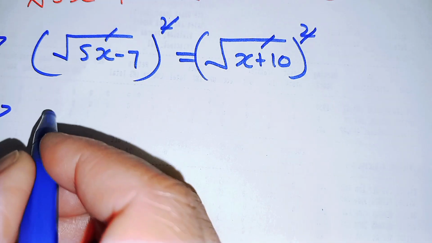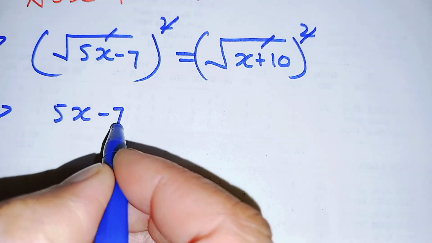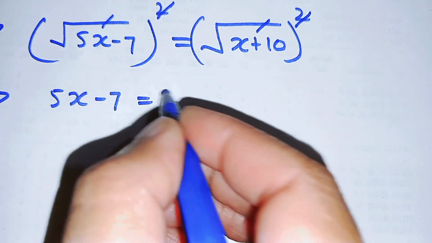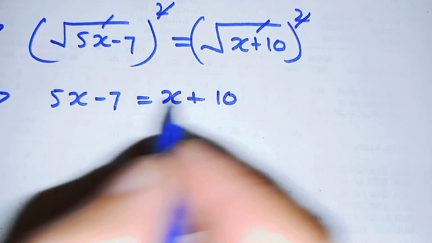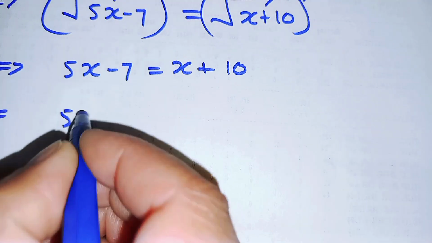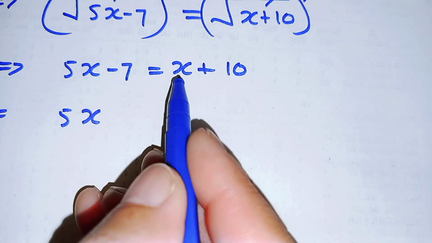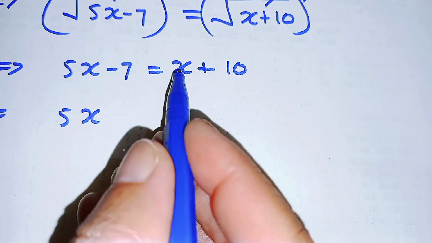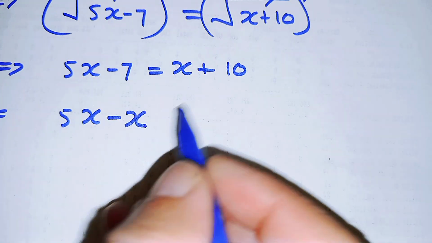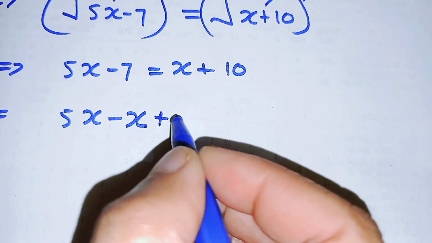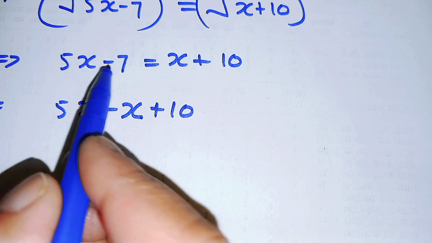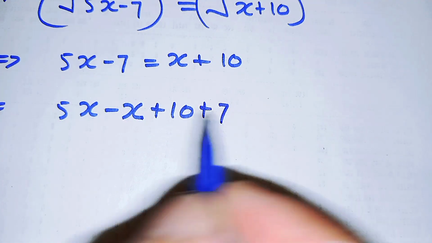And now here cancel out this square with this square and this square with this square, so what remains is 5x minus 7 is equal to x plus 10, and now this 5x, and move this x here, plus x is minus x, and so this plus 10 and this minus 7 is plus 7.